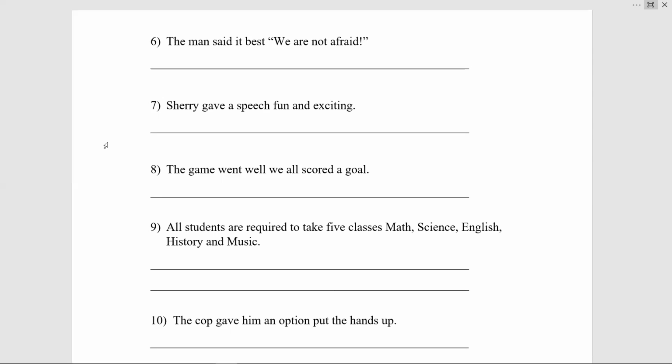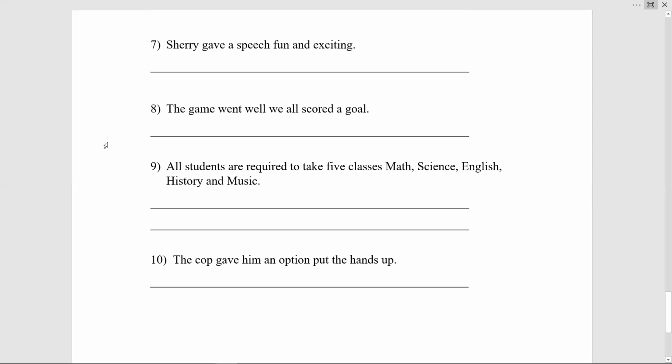Sentence number 8: the game went well and we all scored a goal. Sentence number 9: all students are required to take 5 classes, math, science, English, history, and music. Sentence number 10: the cop gave him an option, put the hands up.